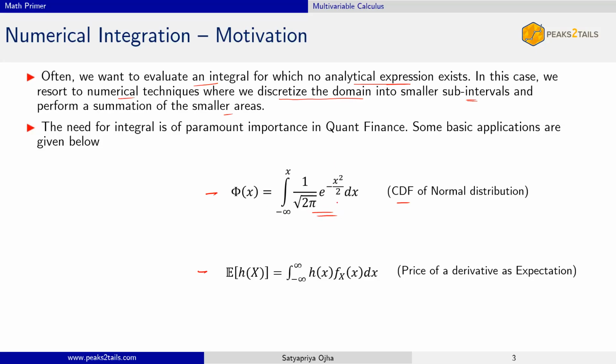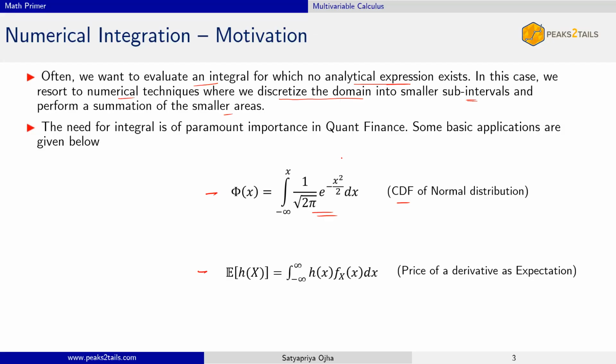Integration of e to the power minus x square by 2 from minus infinity to x. There is no closed form formula for this. Okay. You cannot express this in terms of the elementary functions. So there is a numerical procedure based on which you have to perform this integration. And people have already done it, and they have given us the table that we always look up to find the cumulative probability given a z-score, right? So this is one example.